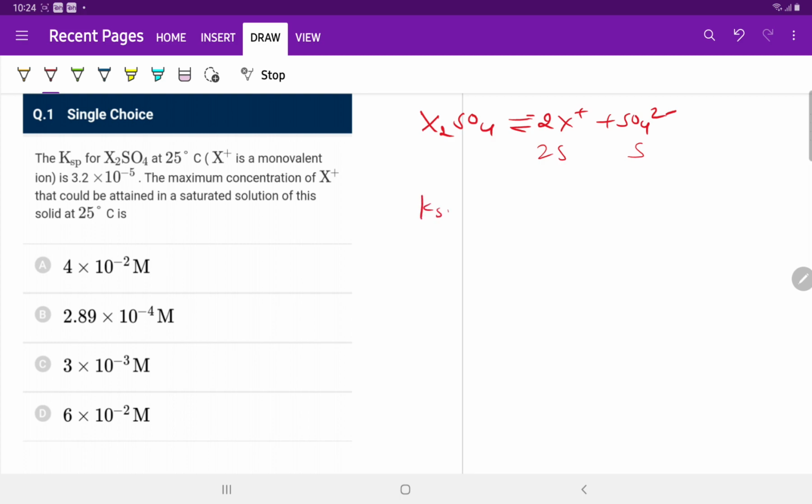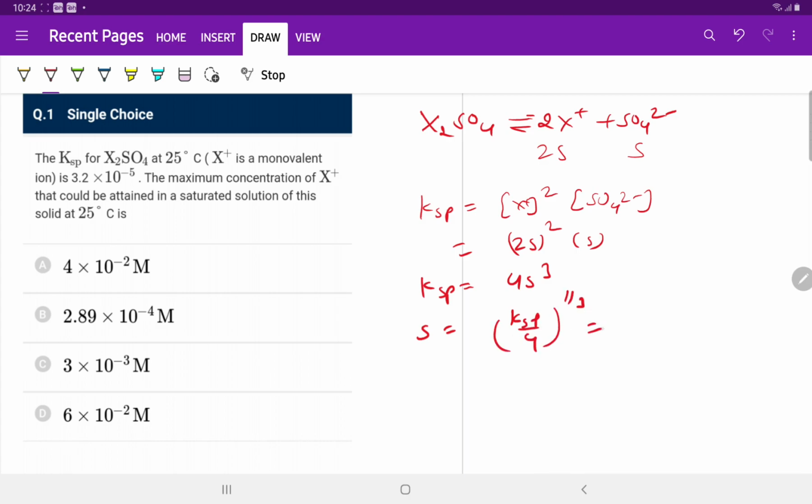So Ksp is equal to the equilibrium concentration of X plus squared and the equilibrium concentration of SO4 2 minus. The value of X plus is 2S, so Ksp is equal to 4S cube. S is equal to (Ksp by 4) to the power 1 by 3.